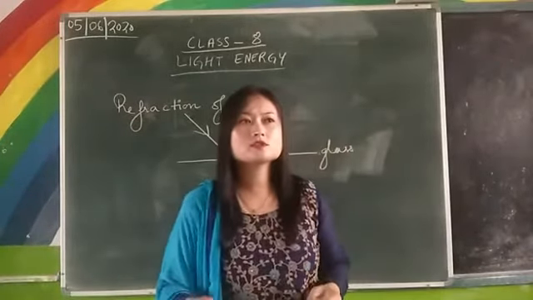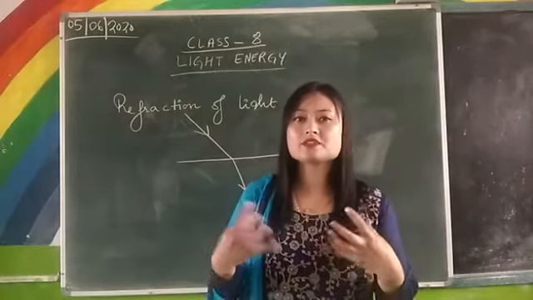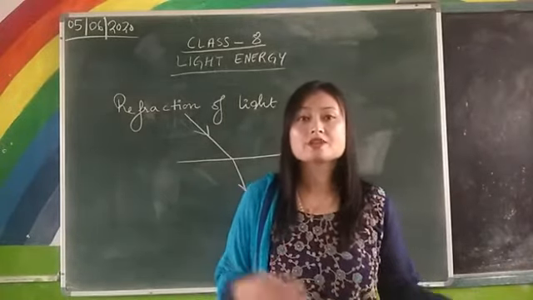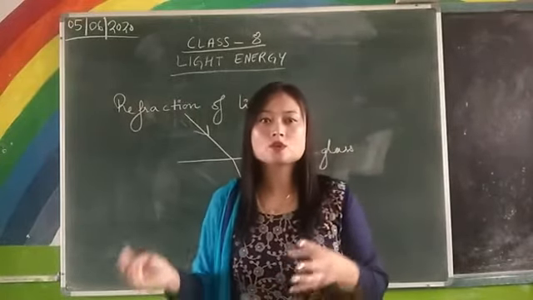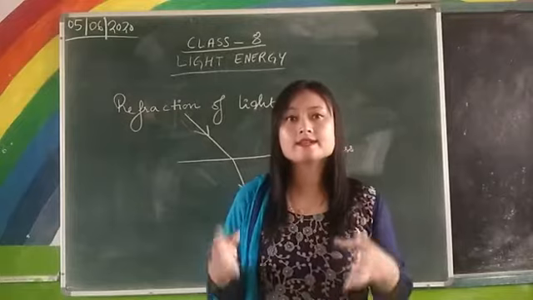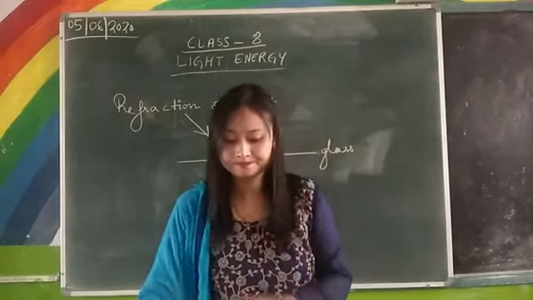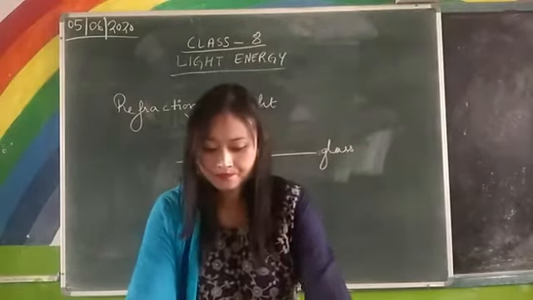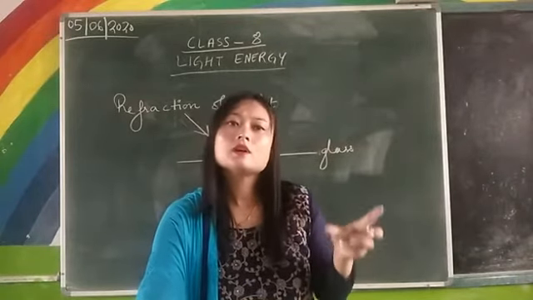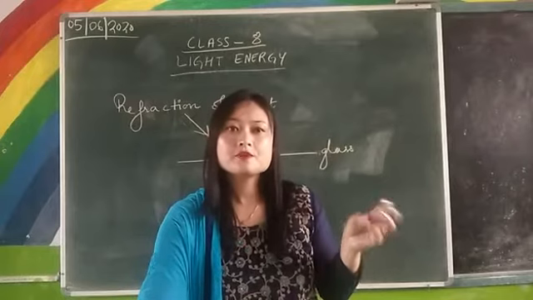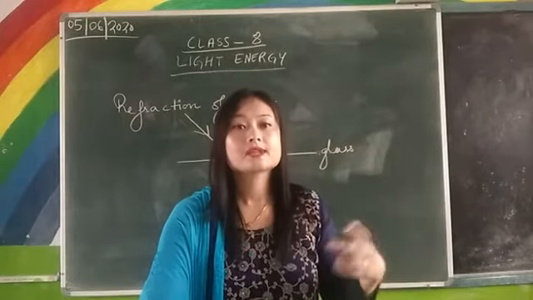Now you know that light travels with different speed in different mediums. It travels fastest in vacuum or air and comparatively slower in water and glass, isn't it? So it depends upon the state of the object, which means air is in which form? Gas.